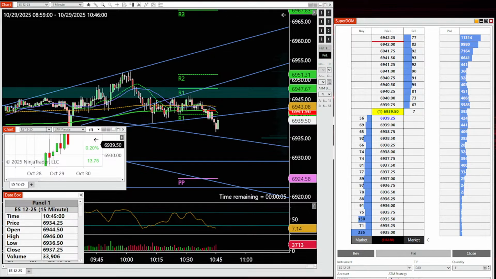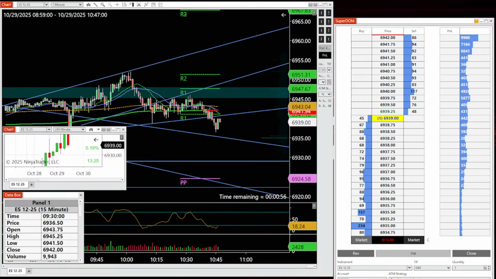It didn't do a liquidity sweep. One tick above.